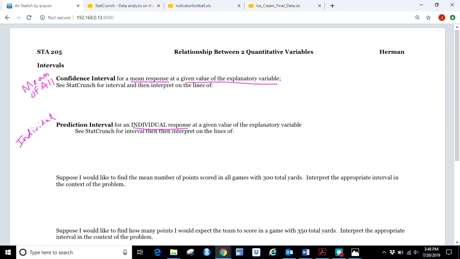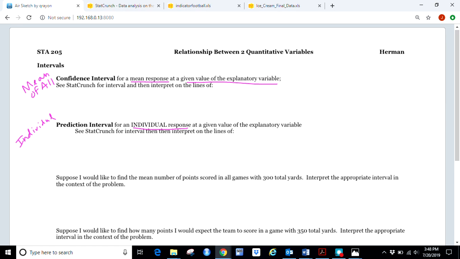We would expect the mean price of houses that are 1,000 square feet to be quite different than the mean price of houses that are 2,000 square feet. So we want to take this extra piece of information, the explanatory variable, into account when we do the interval. But the interpretation is going to look very similar to what we've seen before.